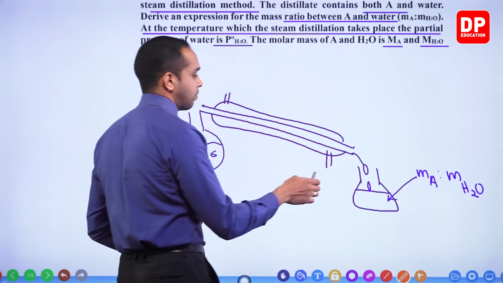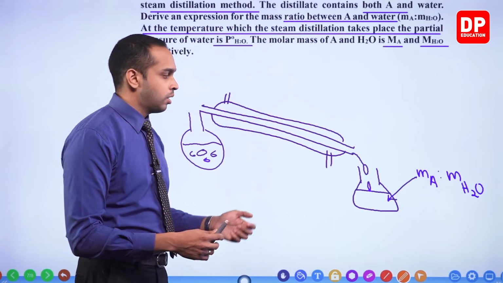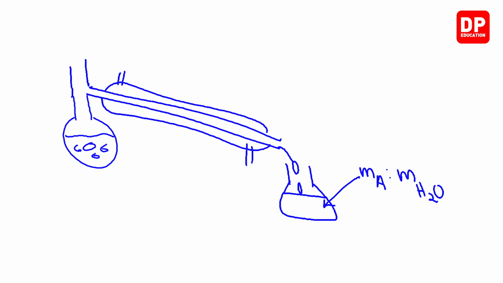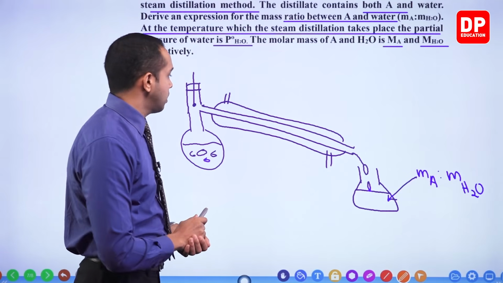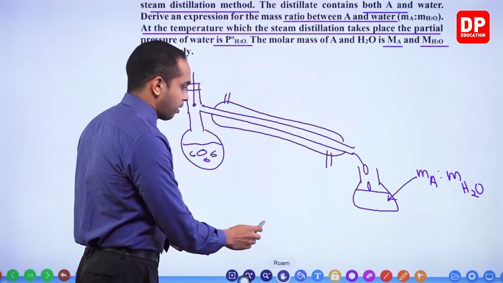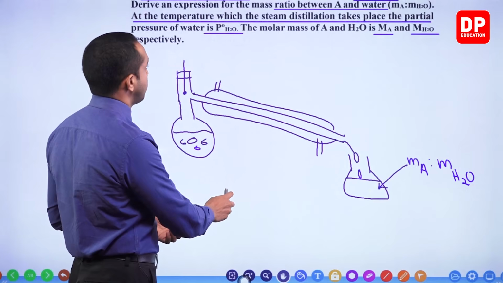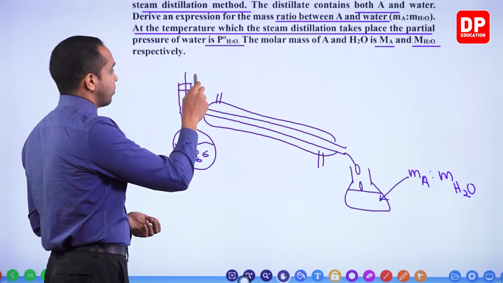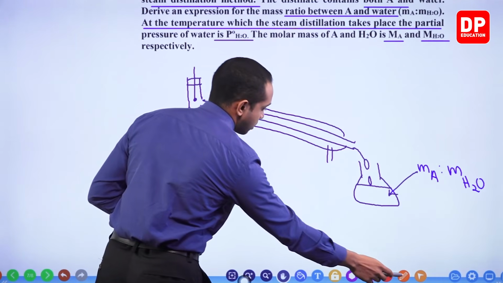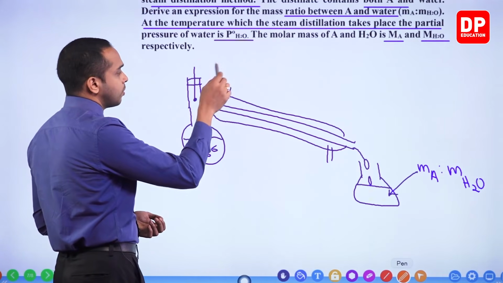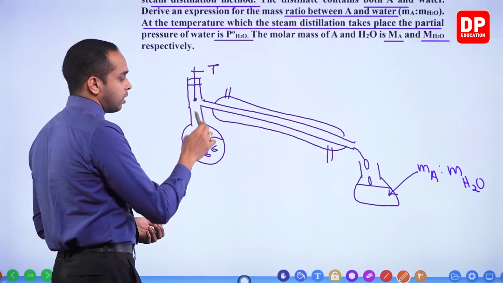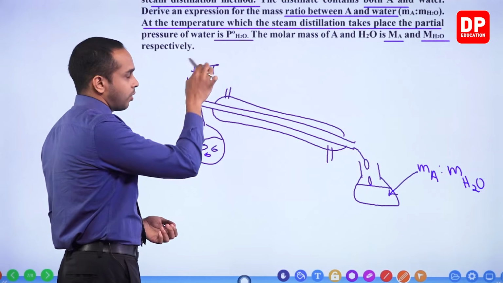Because in the distillate we have a certain amount of water coming along over here, right? Over here we are going to have some water as well, right? So now how do we find it? The only information that we have been given is that the temperature at which this distillation takes place can easily be found out, because when you have the thermometer included here, the temperature around this area can be read.